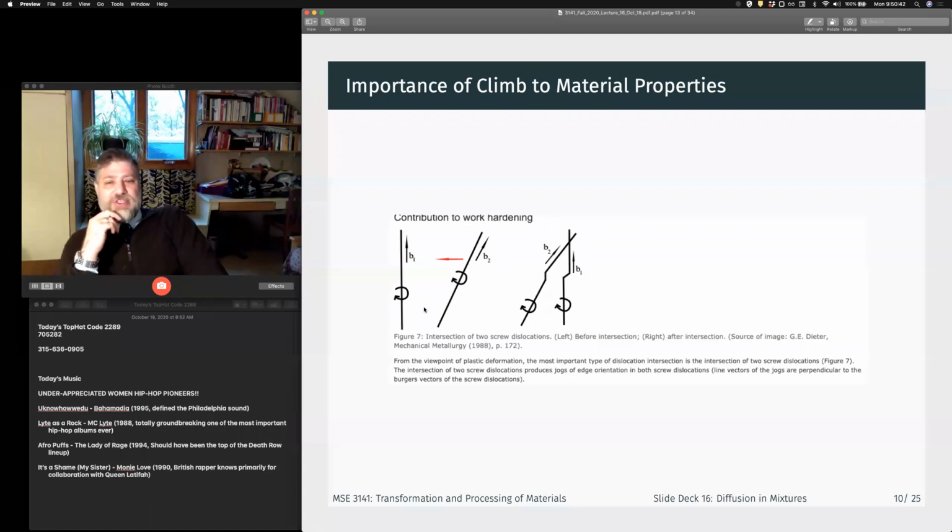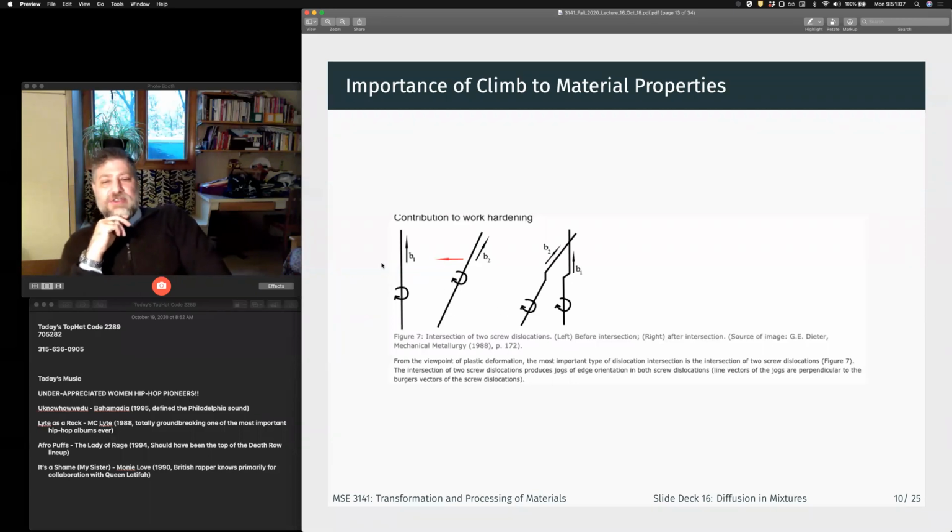So here we have 2 screw dislocations that are on different slip planes, right? So they're not parallel with each other, right? Remember, in a screw dislocation, the Burgers vector is along the line direction, and the slip direction is orthogonal, right?